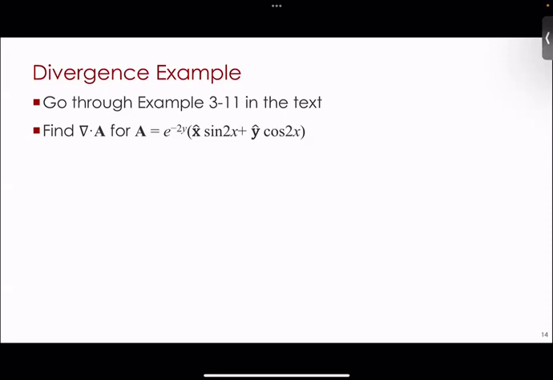Yep. So what would the partial derivative of Ay with respect to y be? So if Ay is cos 2x times e to the minus 2y, we're taking the partial derivative with respect to y.